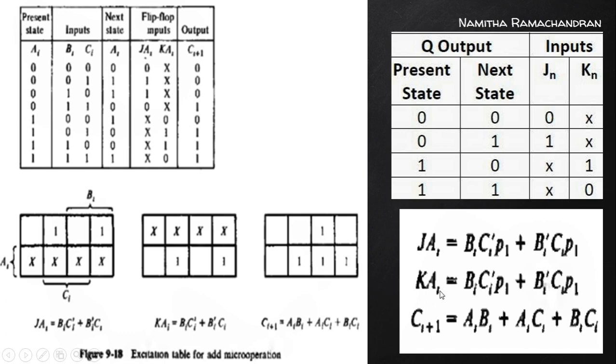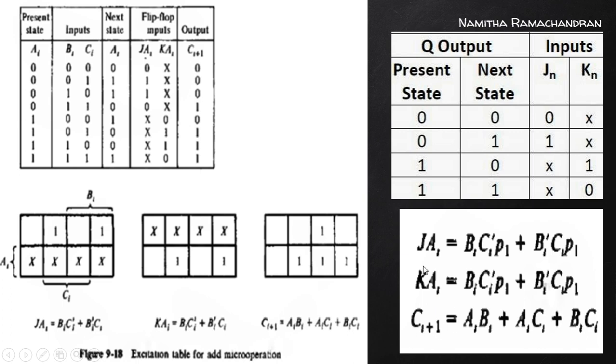K input becomes BI CI complement P1 plus BI complement CI P1. And with this carry out expression, this is the output of a JK flip-flop. Here we don't want to consider our control variable. The control variables are always connected with J and K input.